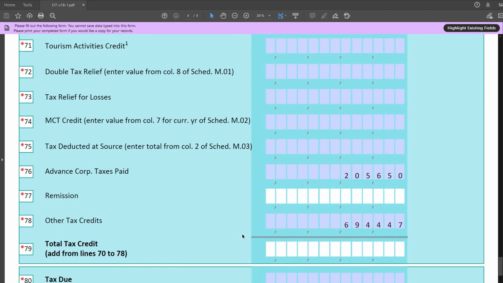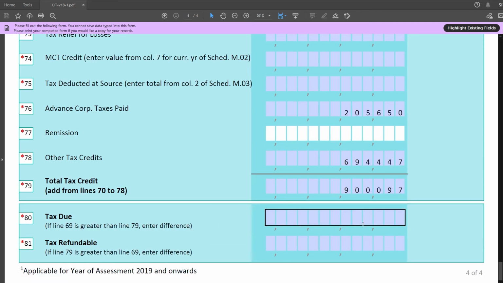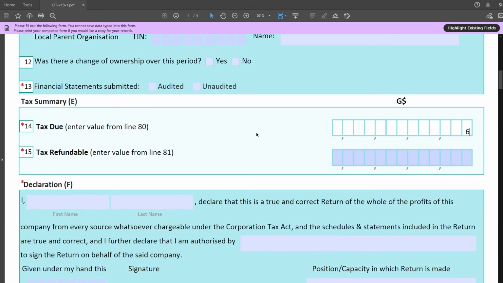In line 79, enter the sum from line 70 to line 78. If line 69 is greater than line 79, enter the difference in line 80, tax due. If line 79 is greater than line 69, enter the difference in line 81, tax refundable. Don't forget to enter the respective figure on page 1, section E.